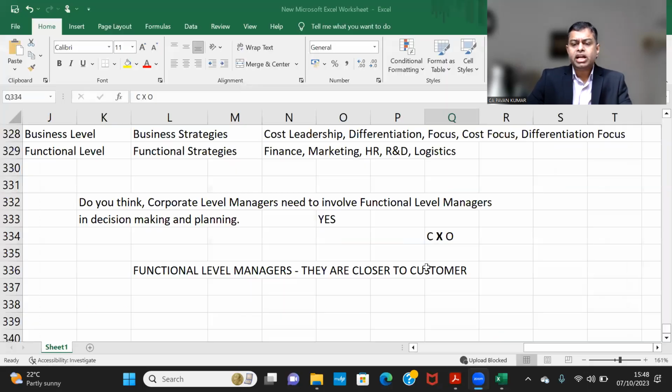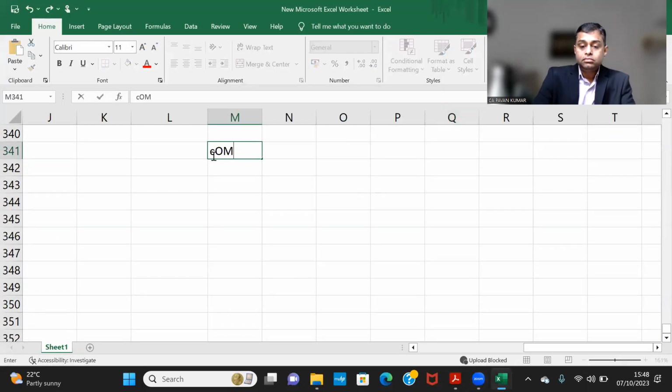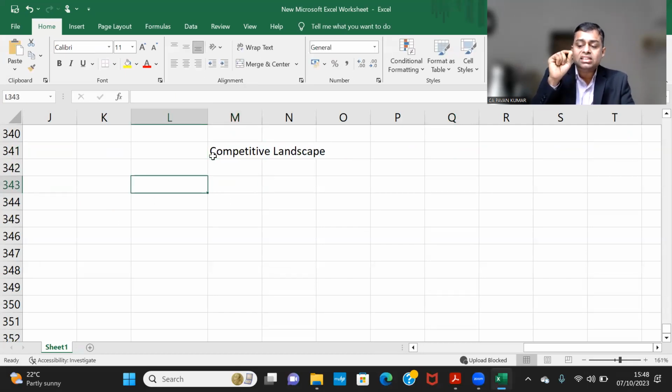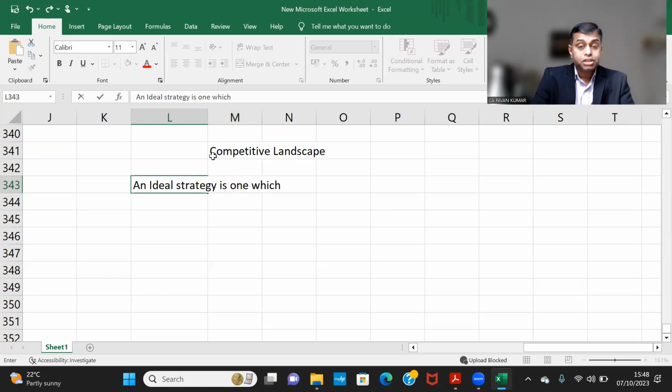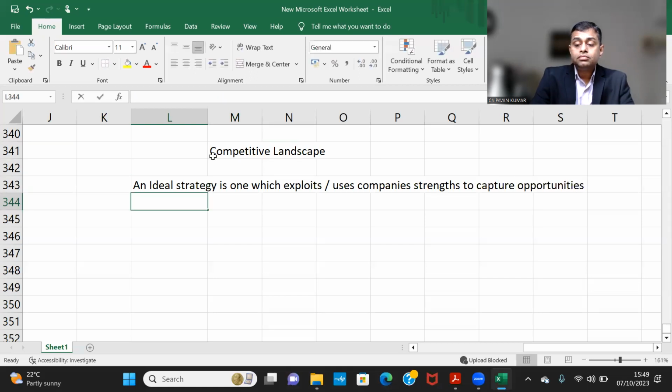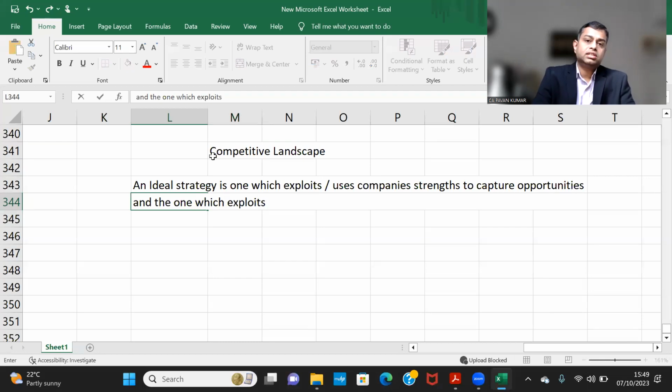What is the meaning of competitive landscape? I'll write one sentence. Tell me if it is correct or wrong. An ideal strategy is one which exploits or uses the company's strengths to capture opportunities, and the one which exploits competitors' weaknesses.